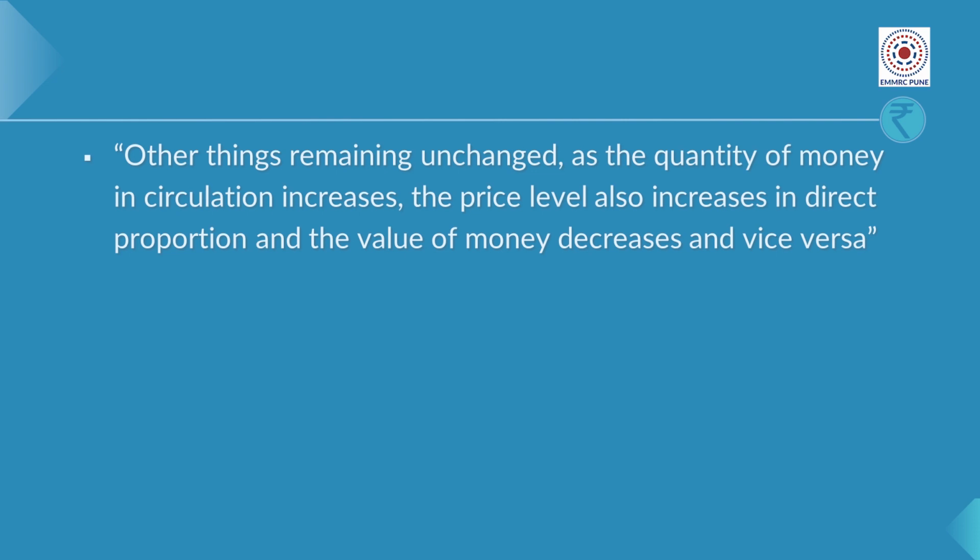He stated that, other things remaining unchanged, as the quantity of money in circulation increases, the price level also increases in direct proportion. The value of money decreases, and vice versa. According to this approach, if money in circulation is increased, the price level also increases, and the percentage or proportion rise in price level is just equal to the percentage or proportion of increase in money in circulation.